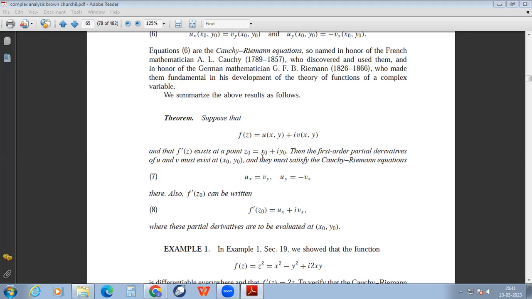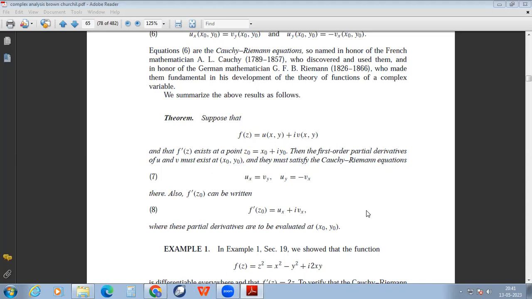This theorem tells us that if f dash z exists at a point, then the Cauchy-Riemann equations are satisfied and first order derivatives both exist. This is known as necessary conditions for differentiability, meaning if the function is differentiable, then what happens? So this is known as necessary conditions.